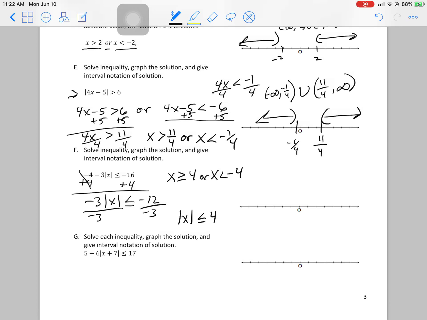Okay. And then let's see, negative 4, 1, 2, 3, 4 is down here. 1, 2, 3, 4 is up here. And it's going to be greater than or equal to 4, less than, oops, soft bracket, that way, and negative 4, okay.